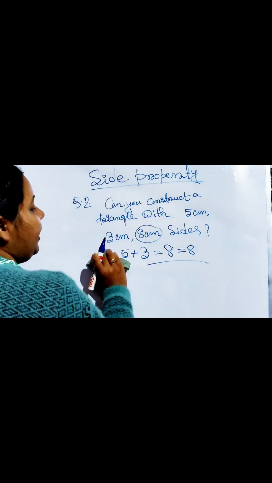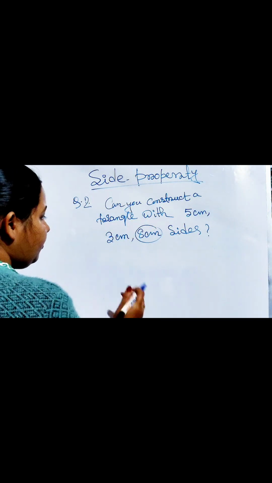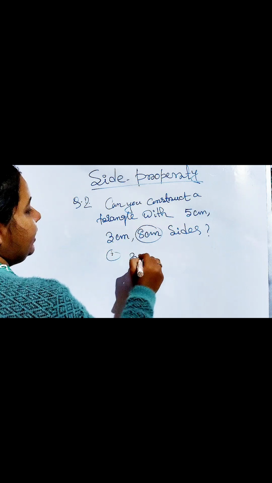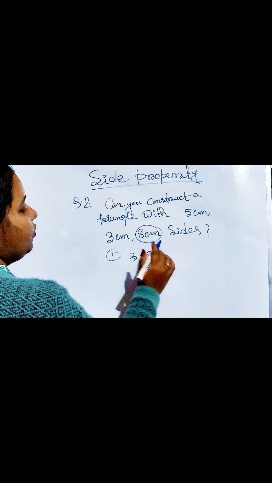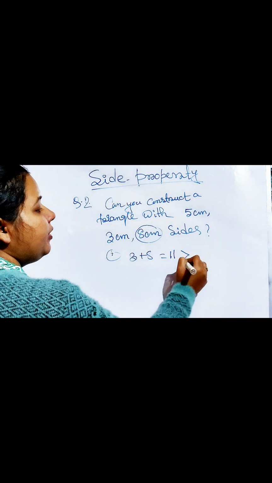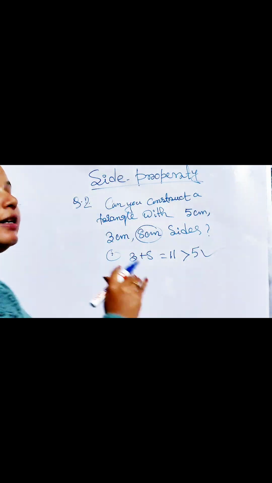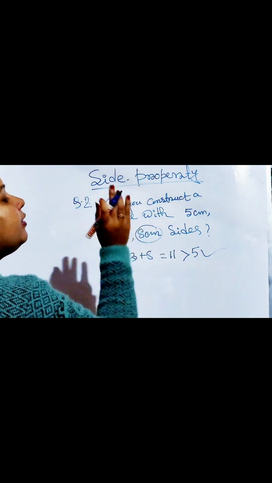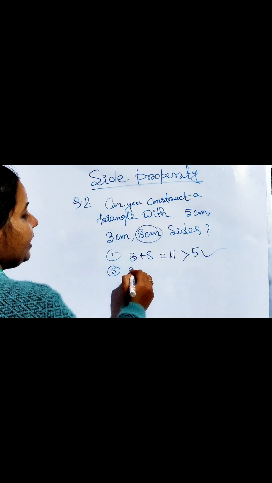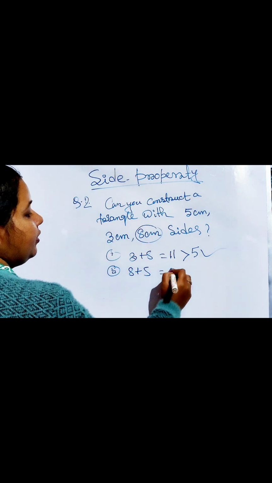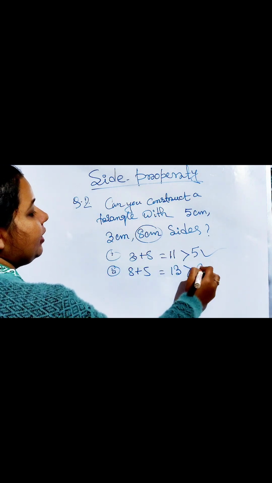Suppose you take the last two, that is 3 plus 8, then it will be 11. This is greater than 5, so this condition matched. Now if you take the remaining two, 8 plus 5, it will be 13, which is again greater than 3.